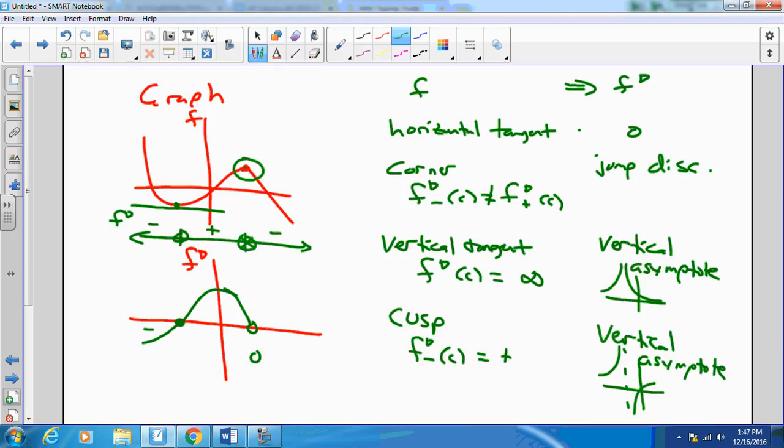And the reason for this is that for a cusp, my derivative from the left and the right are different signs of infinity. Well, we've almost finished up our graph of f prime. The only thing we haven't handled is this piece of the function right here. It is the shape of a straight line, which means its derivative will be a constant number. And therefore f prime will be horizontal.